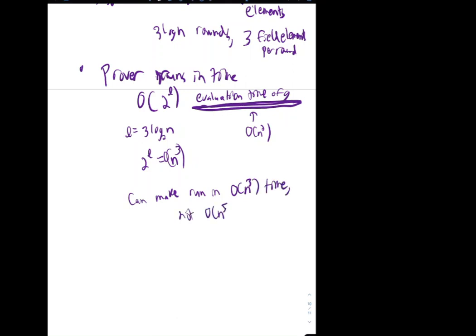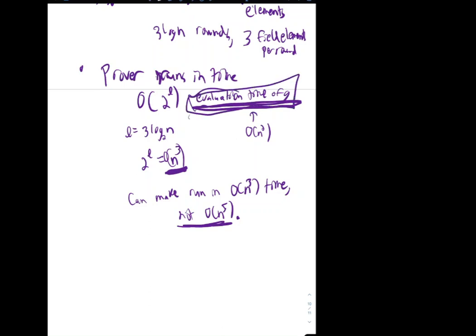I've been indicating whenever I talked about prover time that if you know nothing about G, then in the worst case, to solve the problem you have to evaluate G at 2 to the L points, just because the sum is over 2 to the L terms. But often you can do better because G is structured. Here there are n cubed terms, but you don't have to do all the evaluations of G independently.